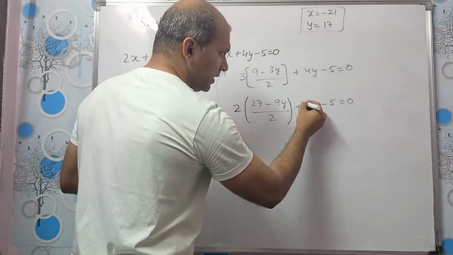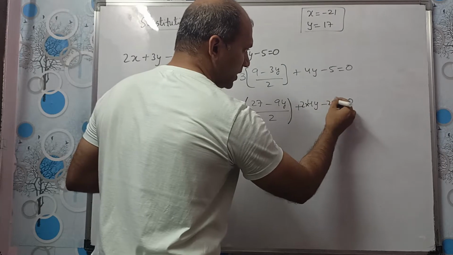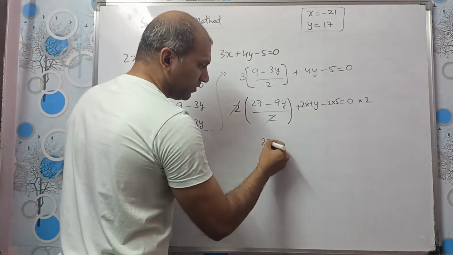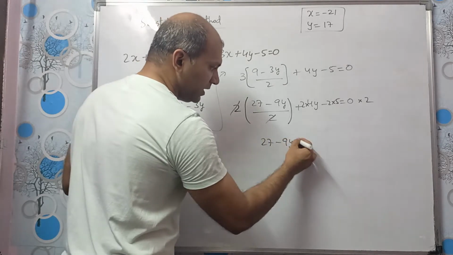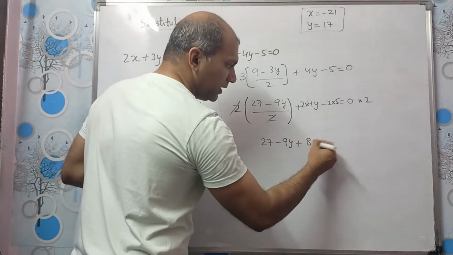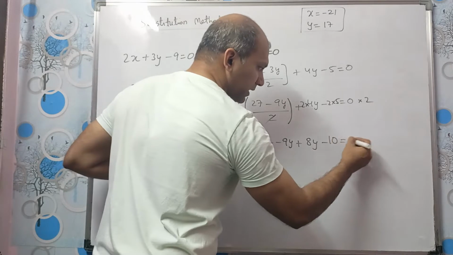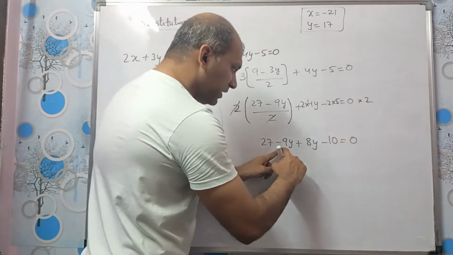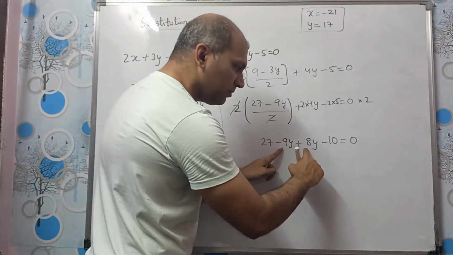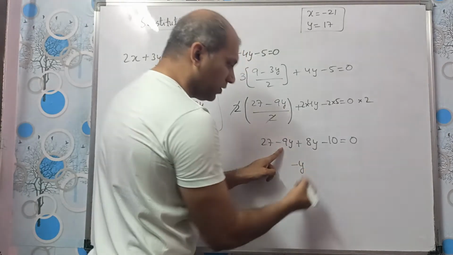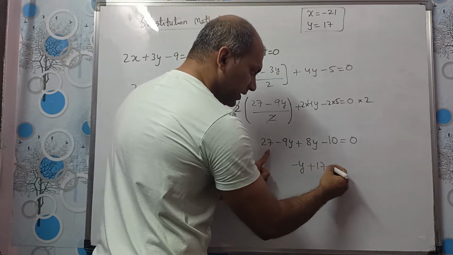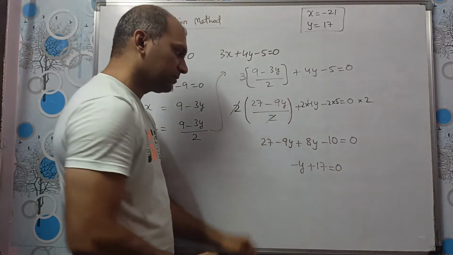If we multiply by 2 here and multiply by 2 here, this will be 2 into 5 multiplied by 2. So this 2 and this 2 will get cancelled. What are we left with? 27 minus 9y plus this will be 8y minus 2 5s are 10 is equal to 0 into 2 is 0. Now you see minus 9y plus 8y is minus 1y or minus y. 27 minus 10, 17. Okay.